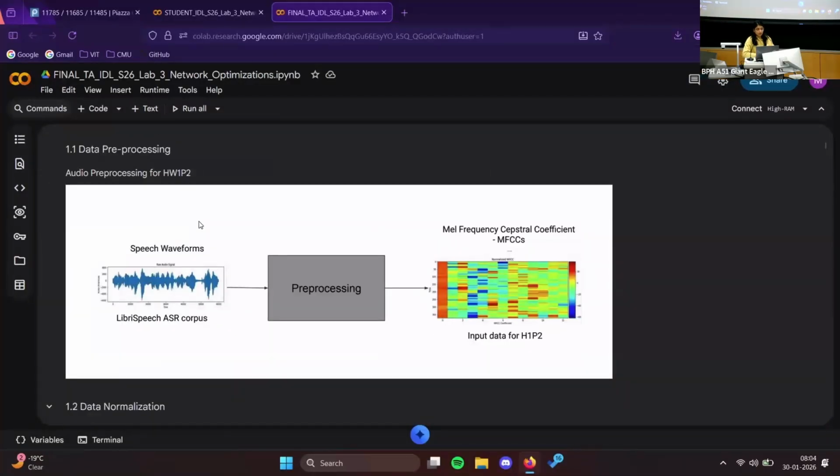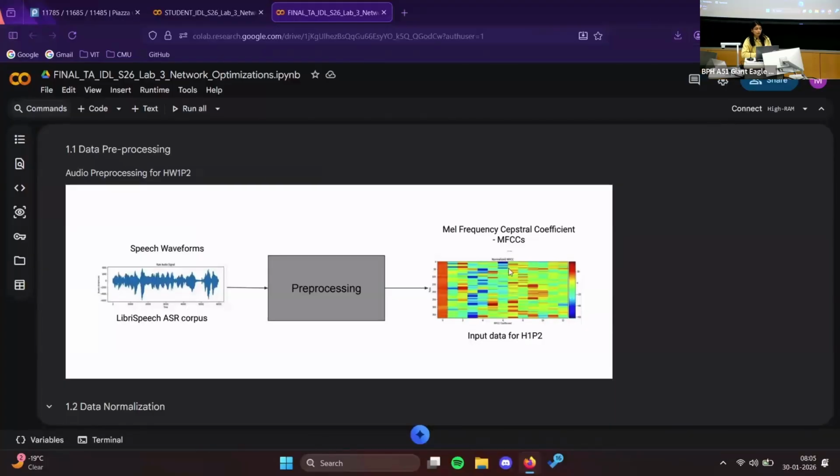Even right now, as I'm speaking, my speech is being recorded in the form of audio waveforms. And if you want to perform speech processing using deep learning, you cannot directly give the audio waveform to the model. We need to do some pre-processing, and usually the audio waveform is converted to MFCCs, which is mel frequency cepstral coefficients.